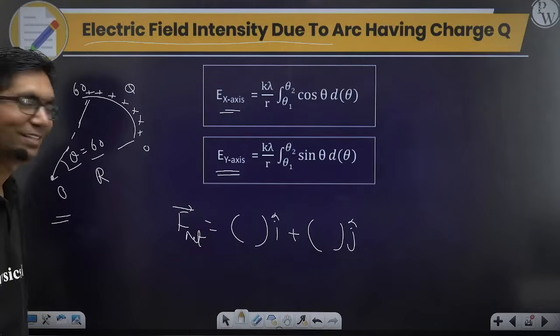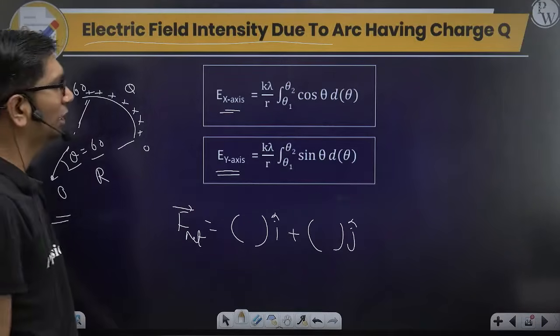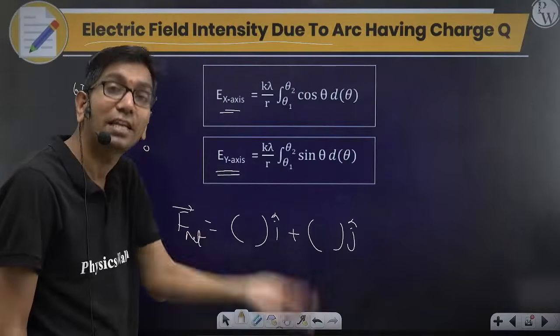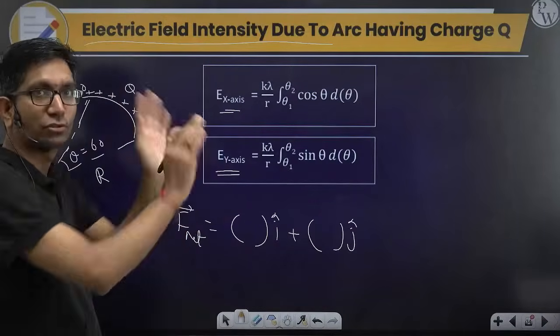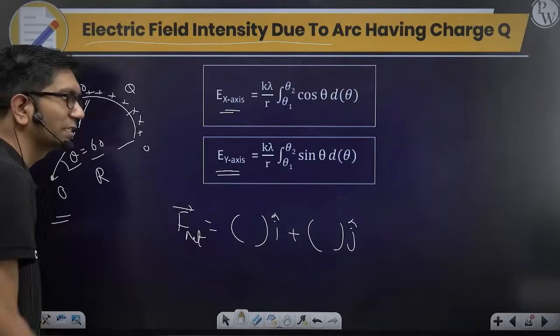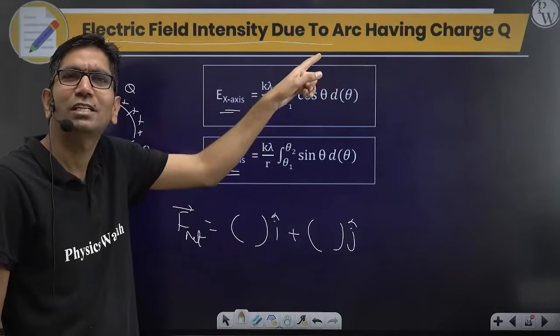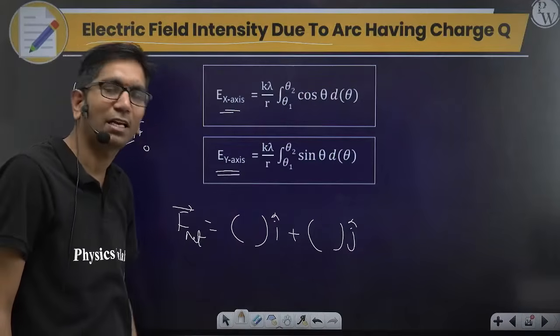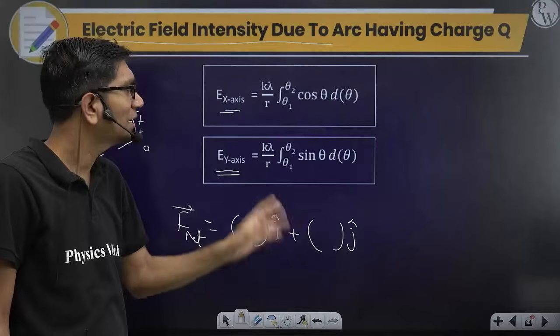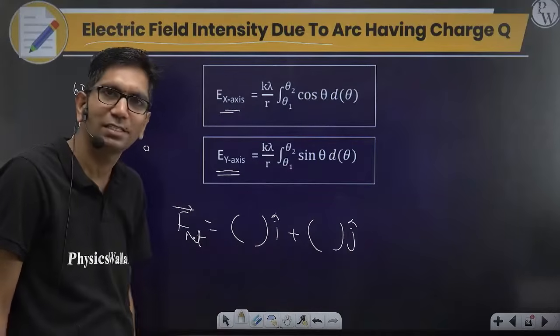You got it. Okay, chalo. So, if he asks you the electric field intensity for different values of theta, say from 30 degrees to 60 degrees, then just put limits 30 to 60 in place of theta and solve this one. Again, you will get it like this. Again, do the magnitude.